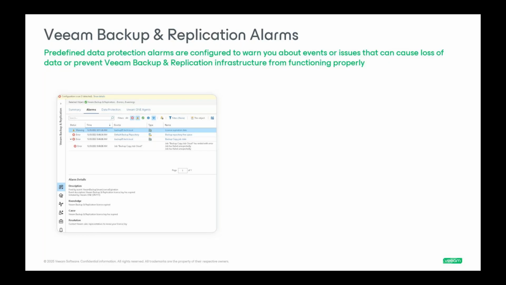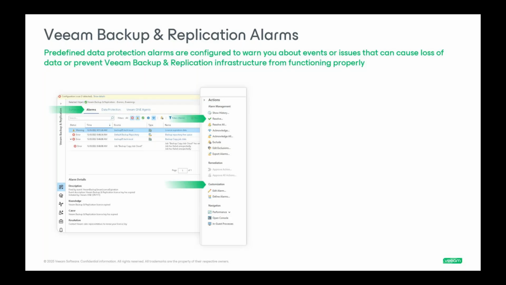Once you've investigated the alarm, you have a handful of actions that you can take. Like I mentioned a couple of slides back, we talked about the actions. If you resolve the alarm, great, just hit resolve and it's marked resolved so anyone else monitoring this knows. You can acknowledge the alarm.